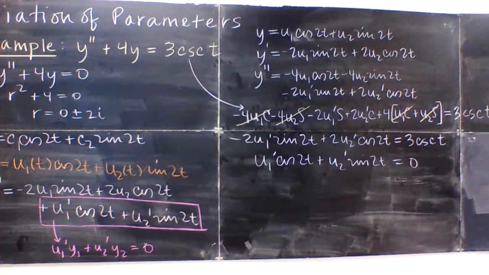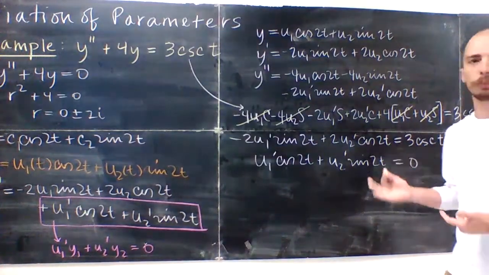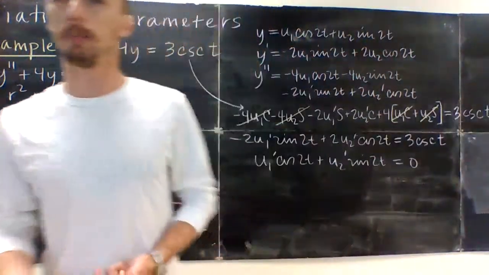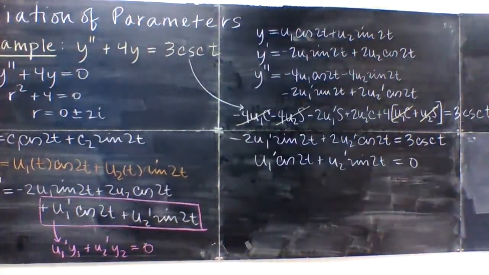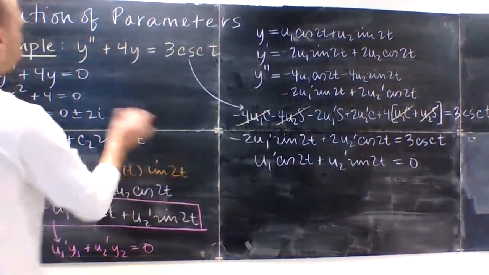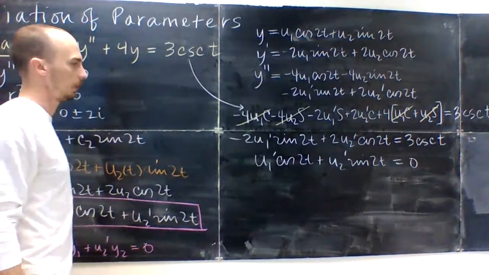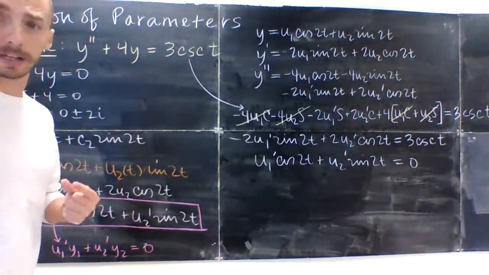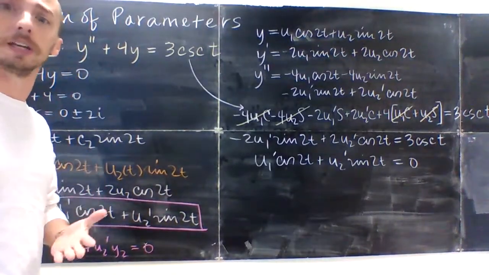This is pretty much algebraic and can be solved for u1 prime and u2 prime, and then of course we can anti-differentiate to find u1 and u2 and attach them to y1 and y2, and we'll have ourselves a solution. But actually doing that can be oftentimes tricky in practice.